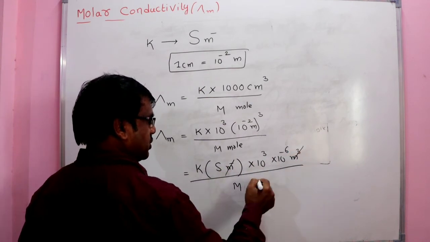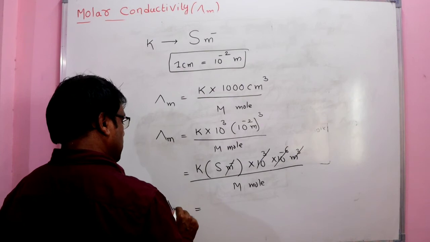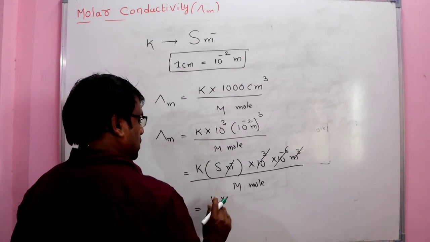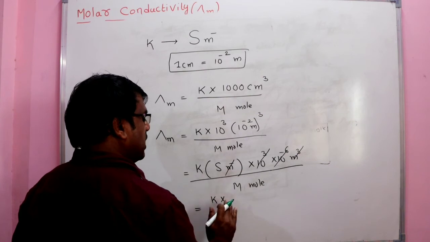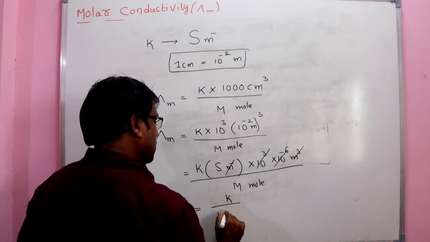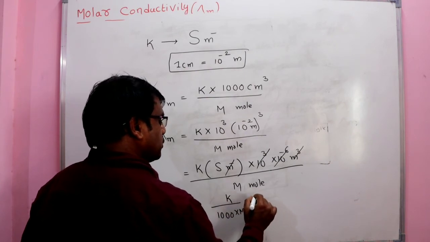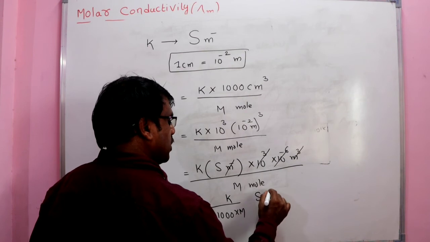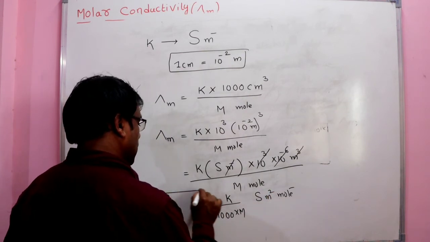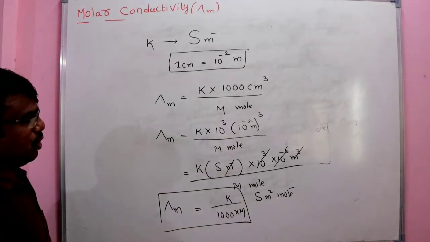After simplification, we will get this formula: lambda M is equal to K into 10 power minus 3, which is nothing but K by 1000 into M. So it should be expressed in Siemens meter square mole inverse. This is the formula we have to use to simplify the problems.